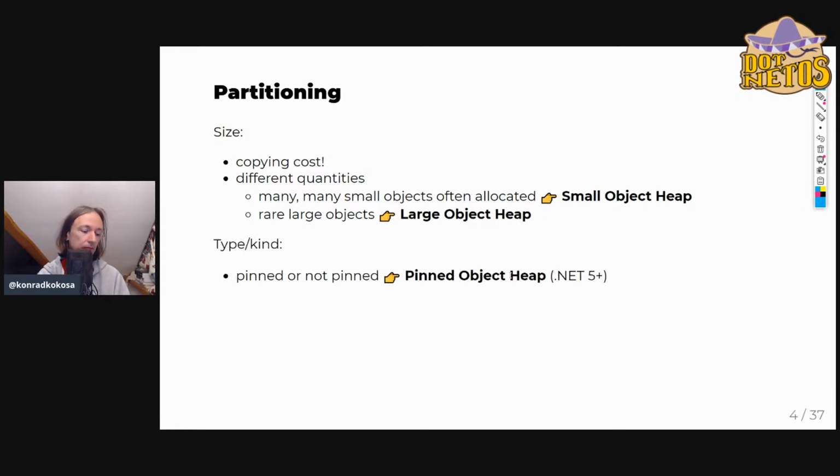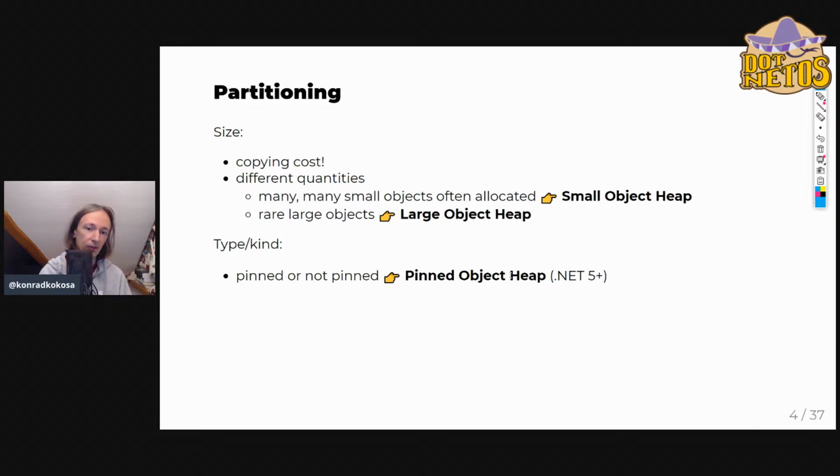Then we have another attribute that is recently used, like the type or kind of an object. In .NET 5, so very recently, there was a new addition. We have a pinned object heap, and this is a separate part of the managed heap for pinned objects. So now with respect to the type also, we have a separate space for objects that are pinned.